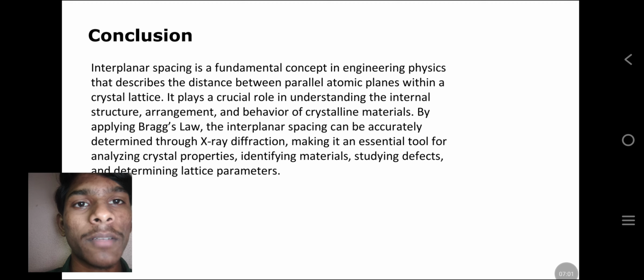By applying Bragg's law, the interplanar spacing can be accurately determined through X-ray diffraction, making it an essential tool for analyzing crystal properties, identifying materials, studying defects, and determining lattice parameters.